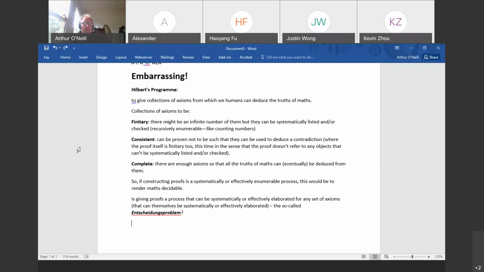So one of the first questions is: is the actual process of producing proofs something that can be done systematically and effectively, so that all of the proofs will eventually be produced? Like the integers, so that you can work through it and know that any particular proof will finally come up, even if it's after a very long time. That's what's known as the Entscheidungsproblem, which is just German for the decision problem.